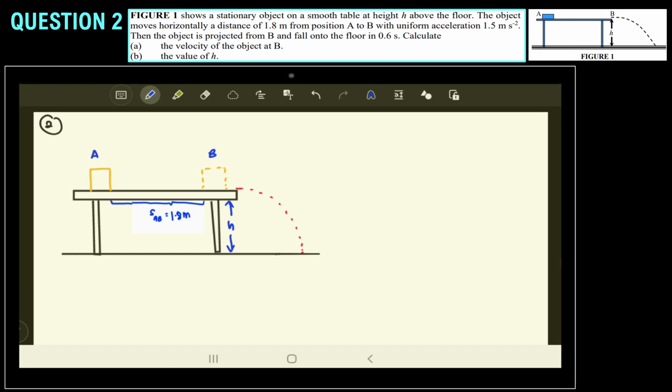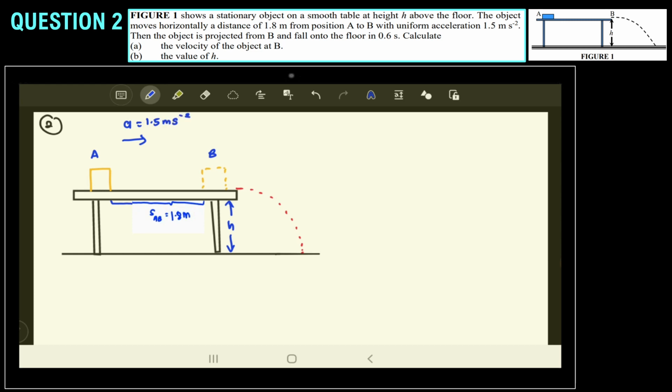Okay, and what happened after the object reached point B? The object falls onto the floor in 0.6 second. And from A to B, given that the acceleration of the object is uniform acceleration, not constant velocity, read carefully, uniform acceleration, 1.5 meter per second square.